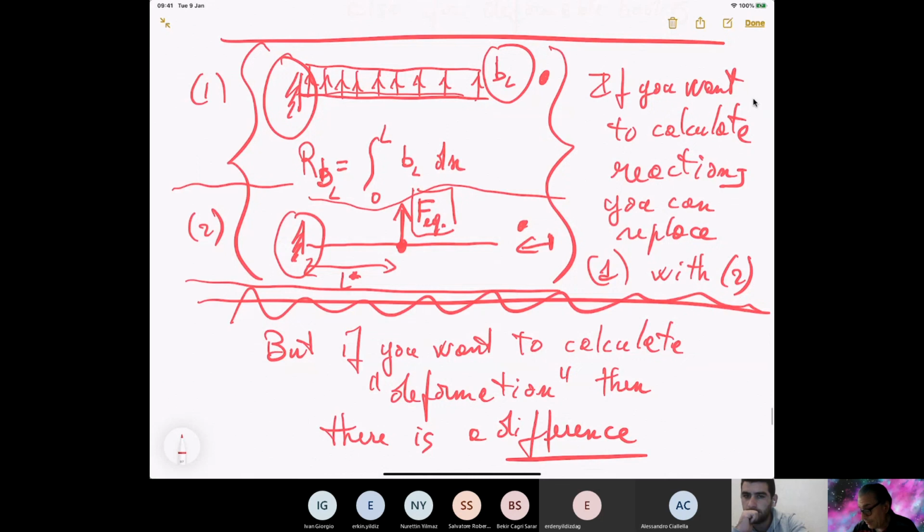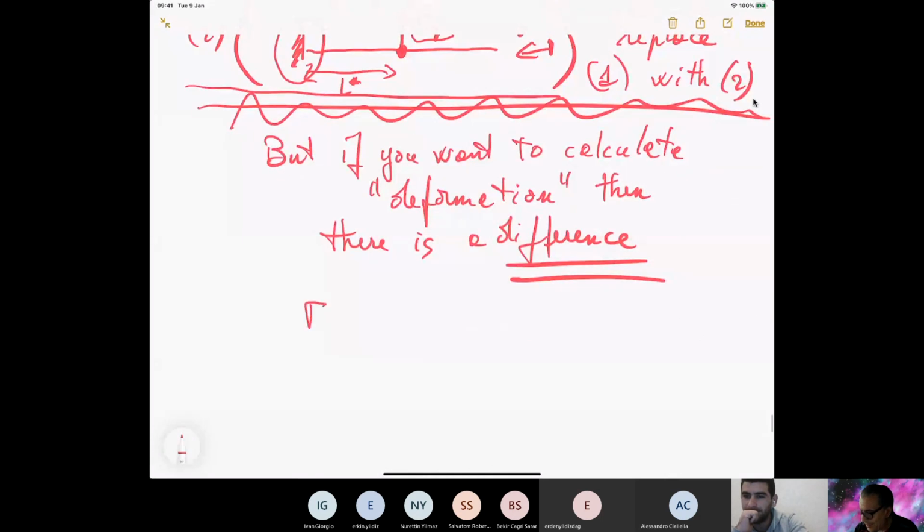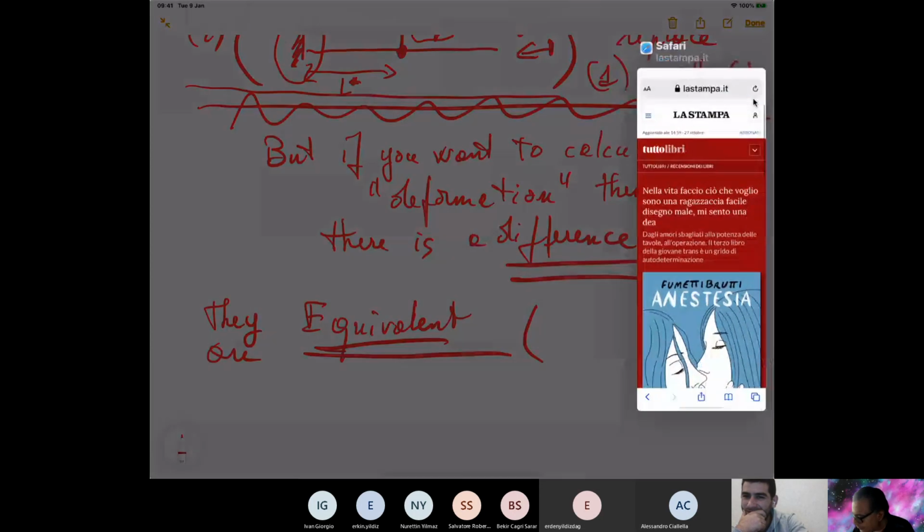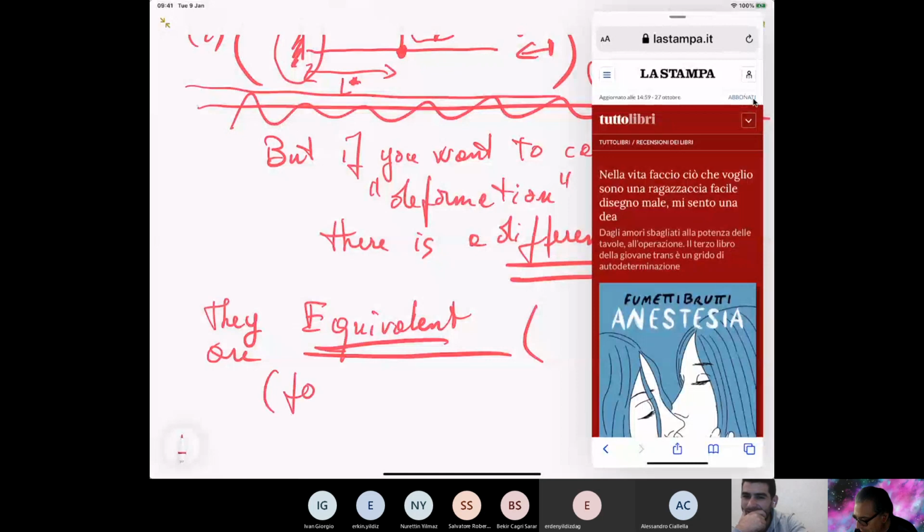The student said, professor, they are equivalent. Of course, equivalence, you should say equivalence for what? Okay, equivalence for what?